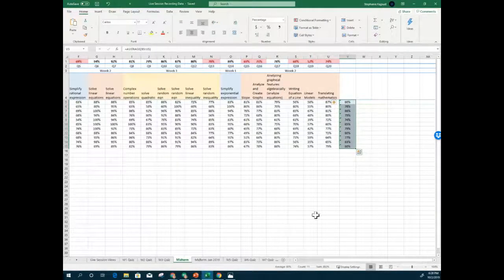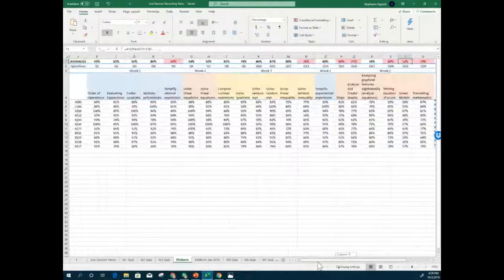So the overall average is an 80% on the midterm if you average across all courses. And then you can see that I keep track of the lowest scoring, and this is basically the percentage of people that get things right, like half the students got the linear models question right. So that's how I figure out all of these things.